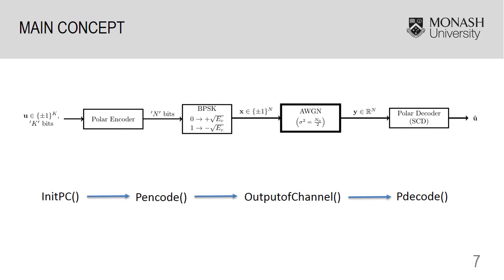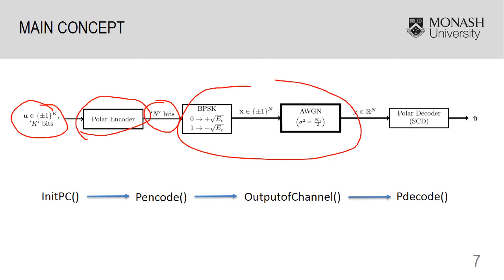So the main concept behind this project is that we will have K bits as the input information bits. They will go through a Polar encoder and will produce N bits as output, and then they will experience a channel condition.